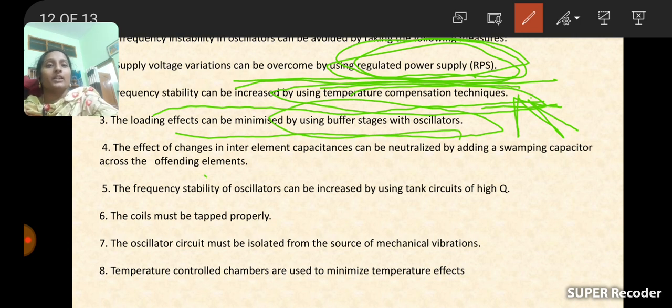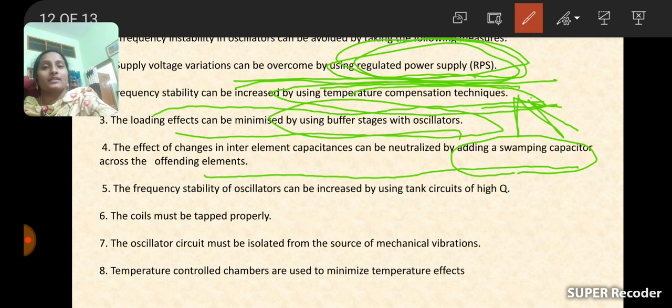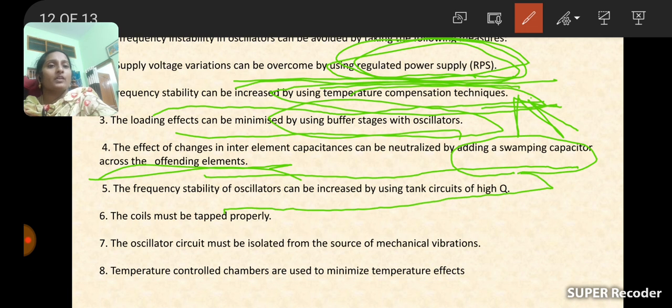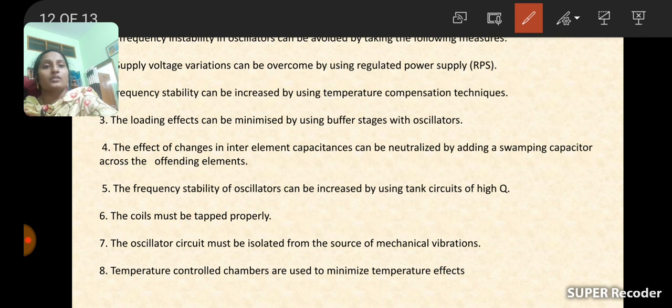And the effect of changes in the inter-element capacitances can be neutralized by adding a swamping capacitor across the offending elements. And the frequency stability of oscillators is also increased by using tank circuits with high Q.